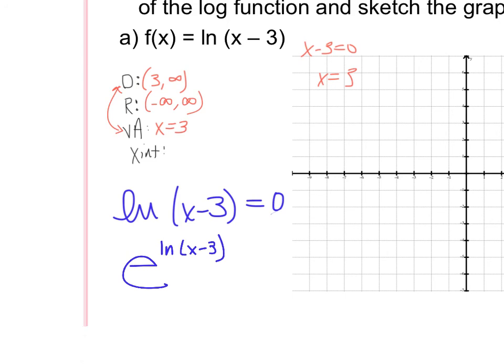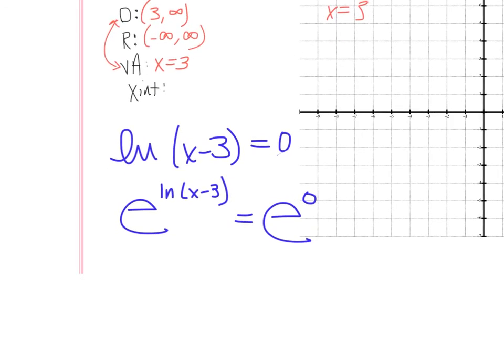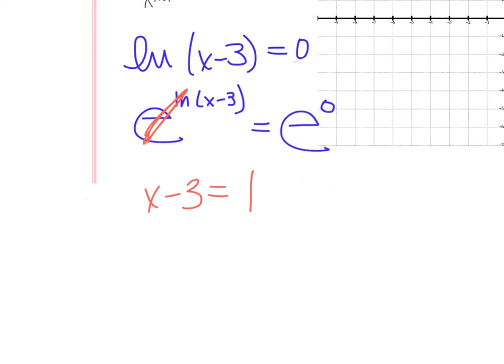I put my e so I can undo the ln, and everything goes in the exponent. If I do that on the left-hand side, I do it on the right-hand side: e to the 0. E to the ln cancels out, and I'm left with x minus 3 equals 1. Anything to the 0 power is 1. So I add 3 to both sides, and I get an intercept at x equals 4.